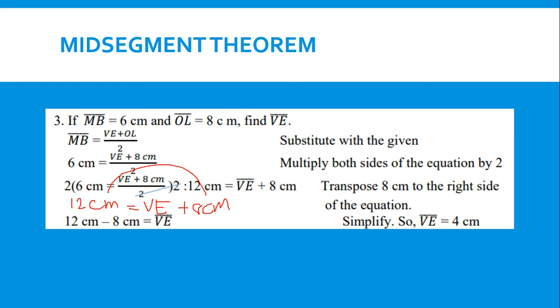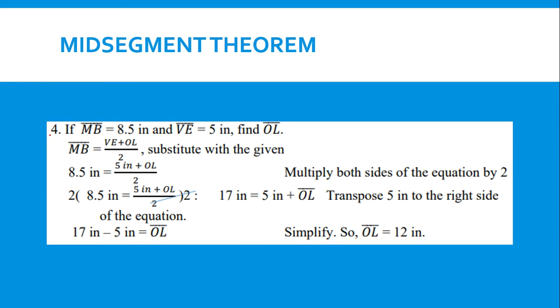Actually, the left side, you can transpose to the left side. So, 12 cm, and the positive 8 cm on the right side of the equation, when moved to the left, becomes negative 8 cm. So, what remains on the right is VE. Okay? So that is VE equals 4 centimeters. That's the answer.